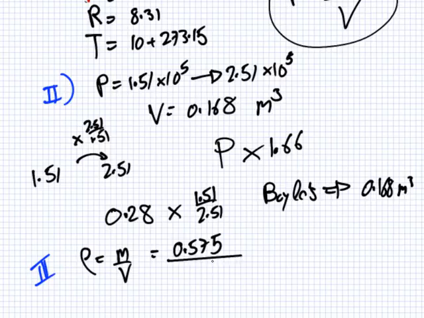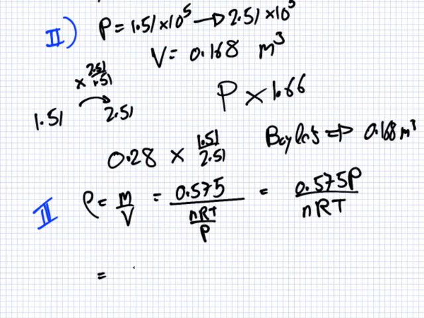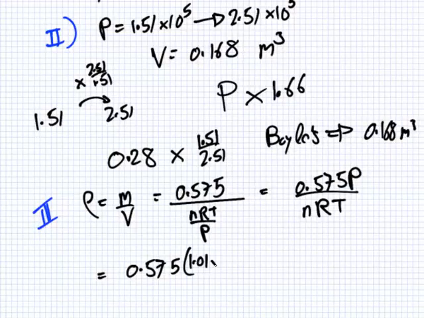So it's nRT over P, or if you prefer to make it a little bit neater, that times P over nRT. Now the good thing is we're given the P, it's 1.01 times 10 to the 5.